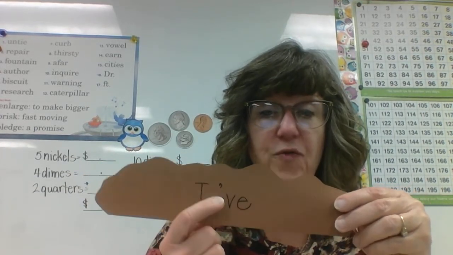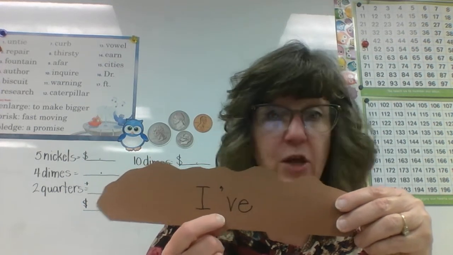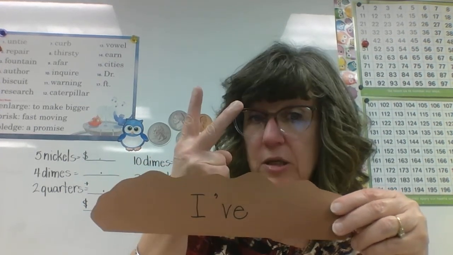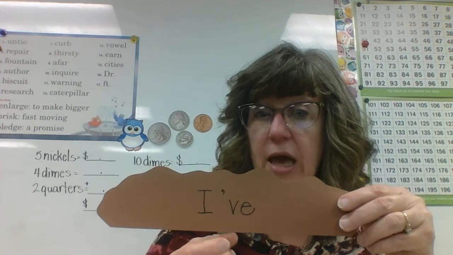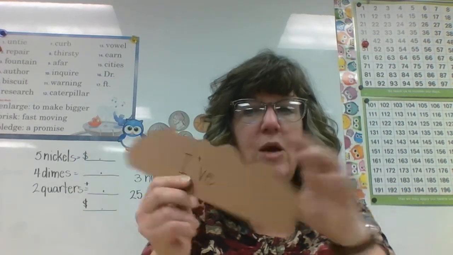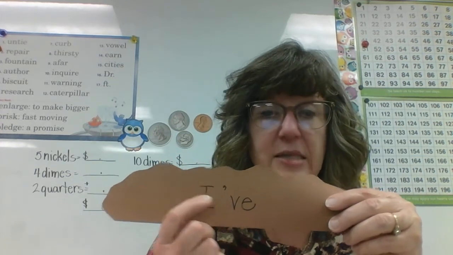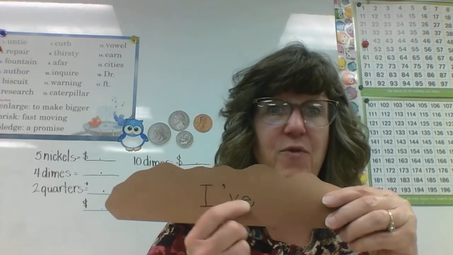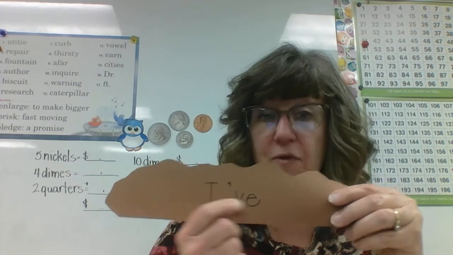I apostrophe V-E. Lucas, tell everybody what letters you took out. There's 2 letters this time. What 2 letters did you take out of have? That's right. We took out the H and the A. We put the apostrophe in its place. I've got one brother. I have one brother.